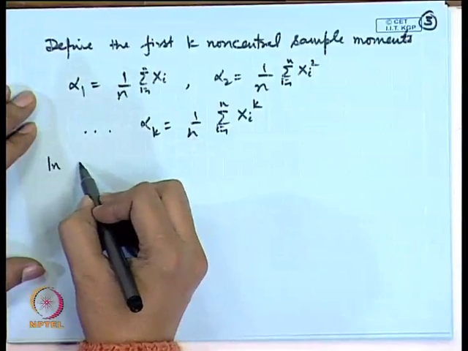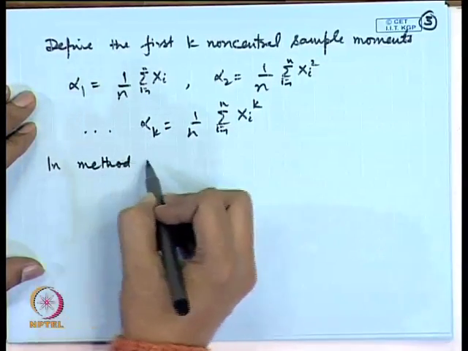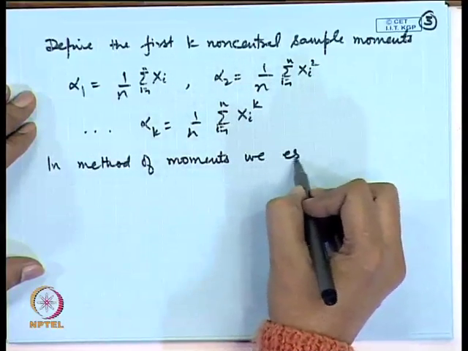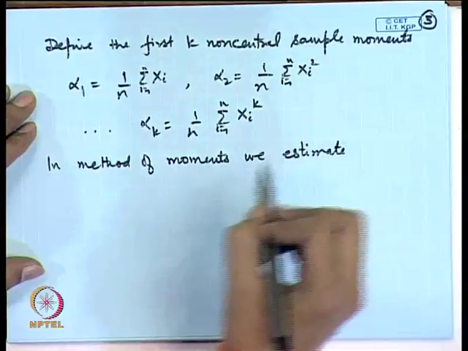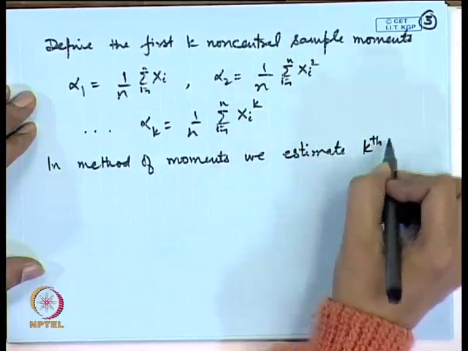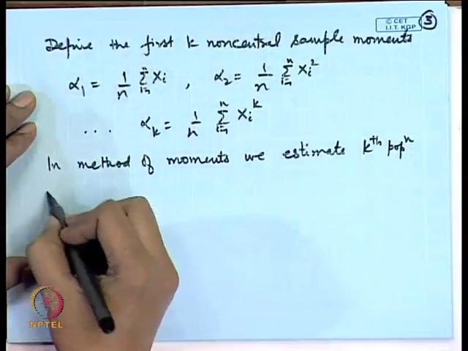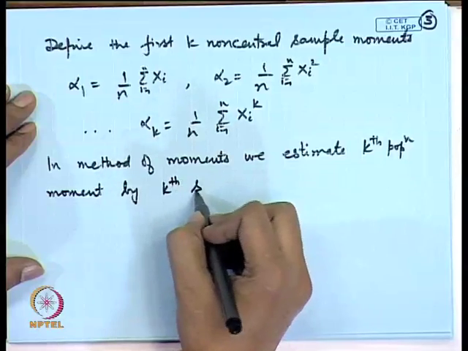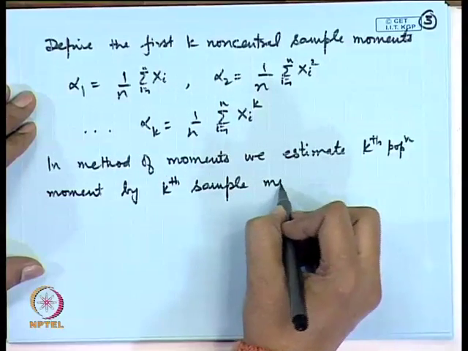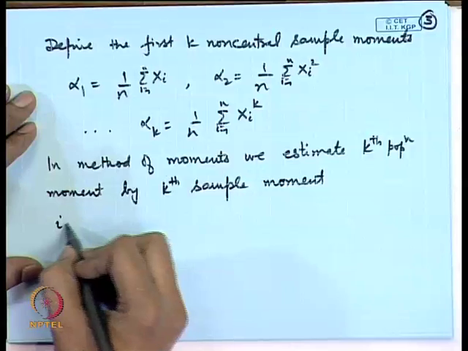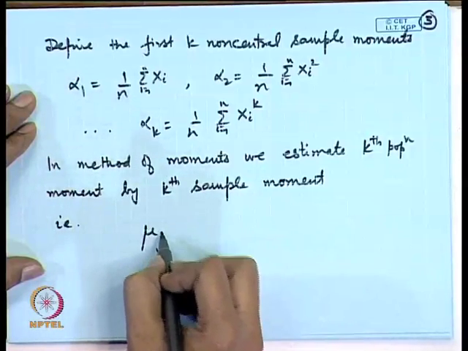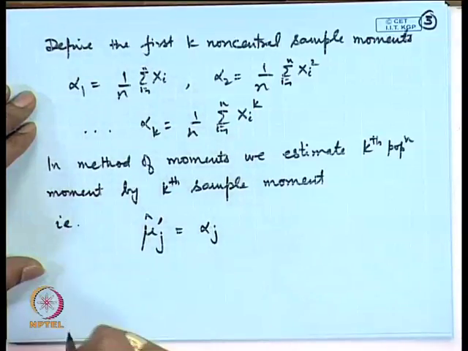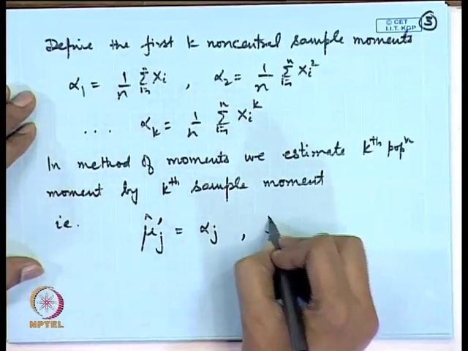In method of moments, we estimate the jth population moment by the jth sample moment. That is, I am writing that mu j prime hat is equal to alpha j, for j is equal to 1 to k.